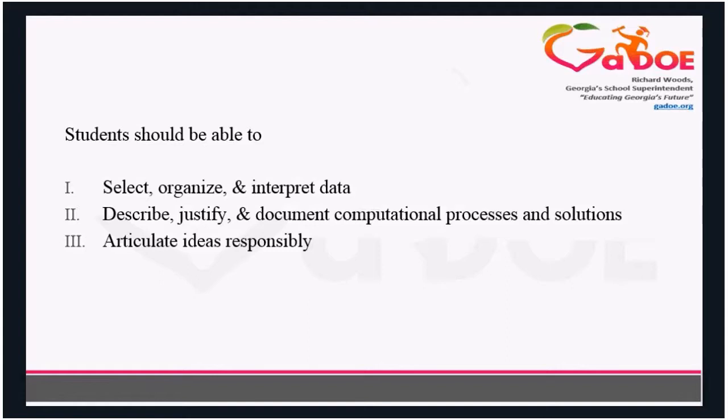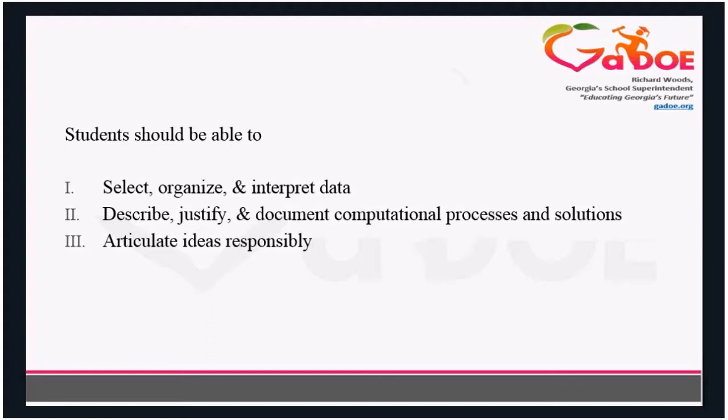And then being able to articulate ideas responsibly, doing this in a way where I'm not taking credit for someone else's work, giving other folks credit, and working as a team so that we're all part of this process, and whatever we produce is something that we all own. It's not something that I own because I was the one leading the charge. Everyone working with me has shared ownership.